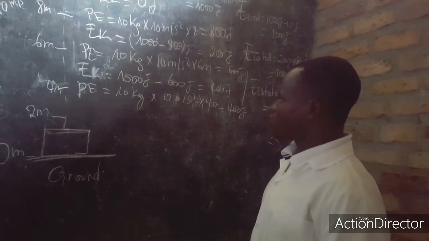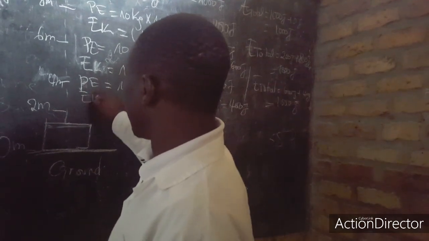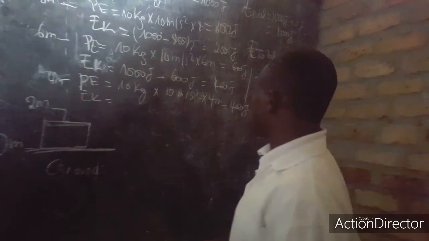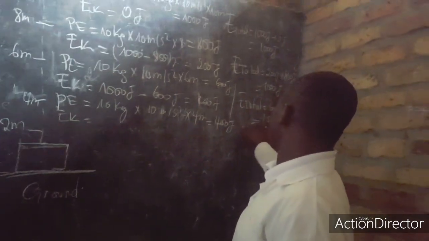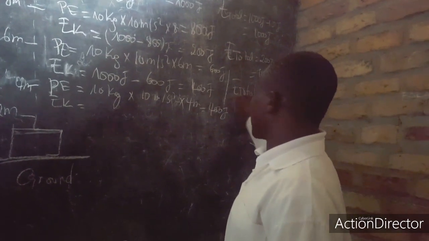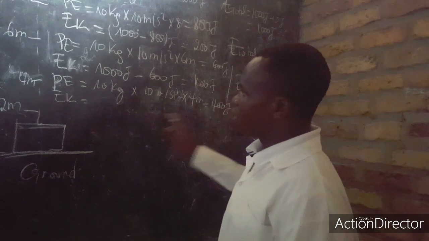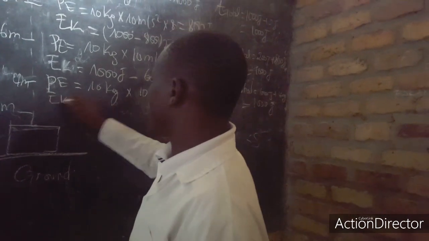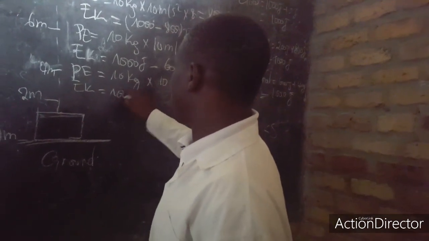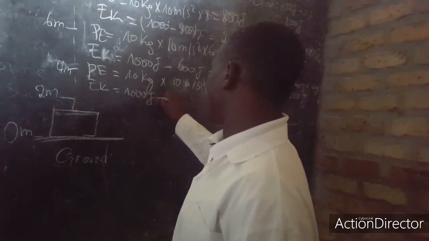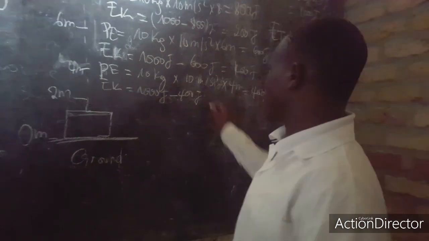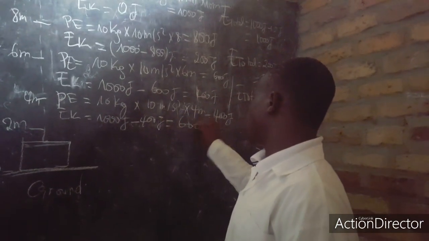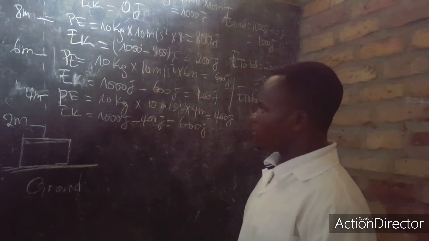will be 400 joule. So kinetic energy here will be given by the total amount of energy we had here minus the potential energy we have at 4 meters. So the kinetic energy will be 1000 joule minus 400 joule, then we have 600 joule.